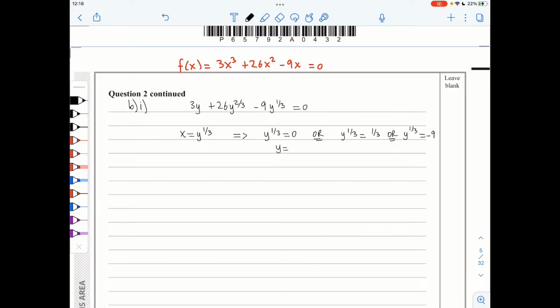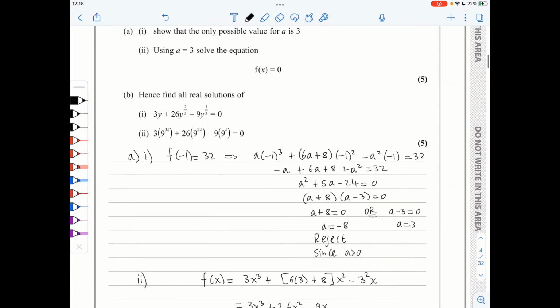So we get y is 0 cubed, so y is 0, or y is a third cubed, which means that y is 1/27, or y is minus 9 to the power of 3, which is minus 729. So 3 possible solutions.